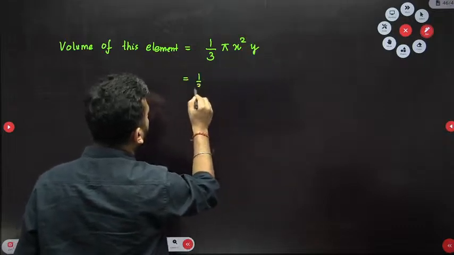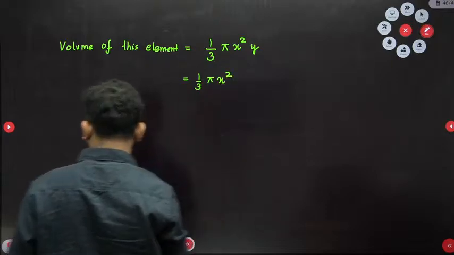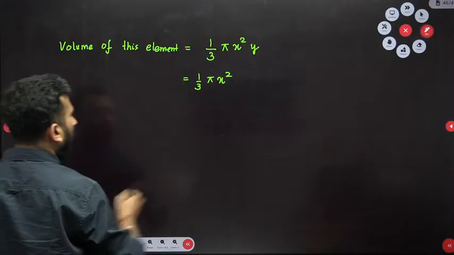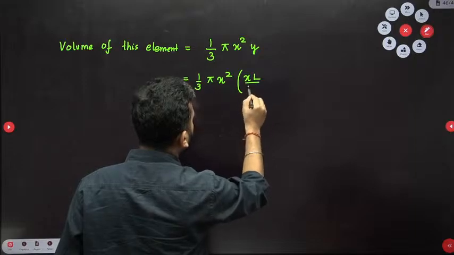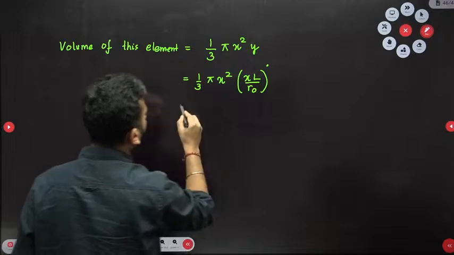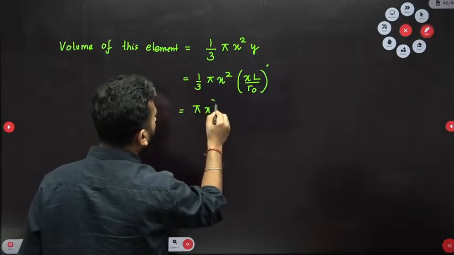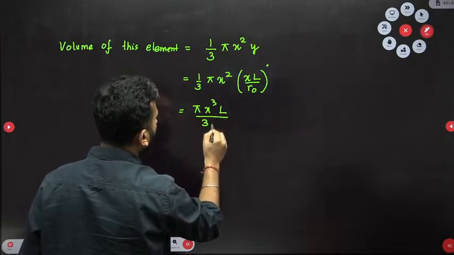So 1 by 3 pi x square, and y is xL by r naught. So the volume is pi x cube L by 3 r naught.